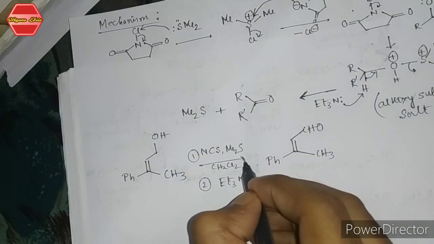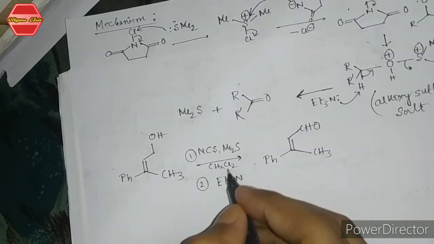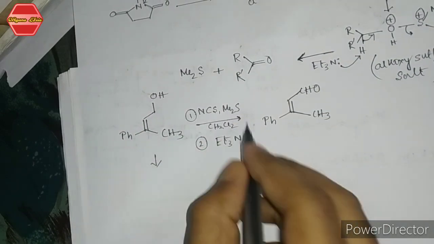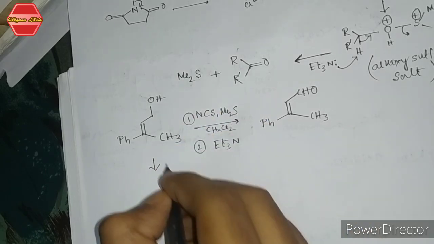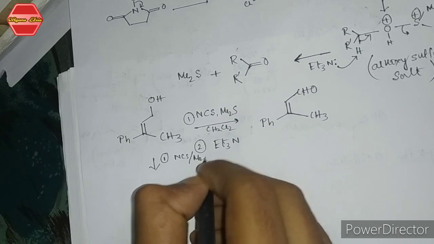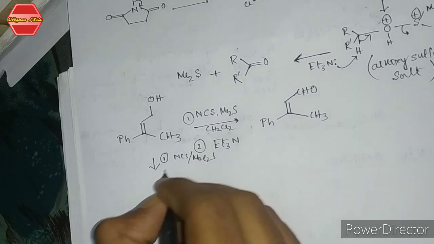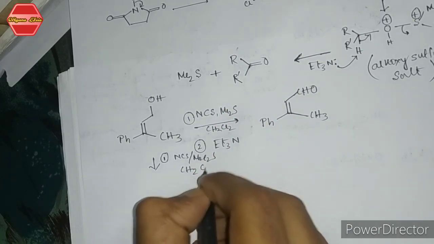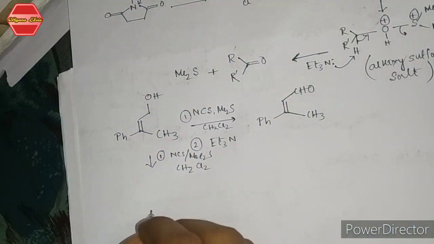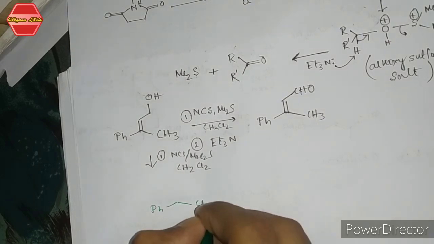Now if, in the second step I am writing here, the base is not used, that is, I am only writing NCS, Me2S and the solvent CH2Cl2, now what will be your product? Now see, here an interesting product will occur, like this.